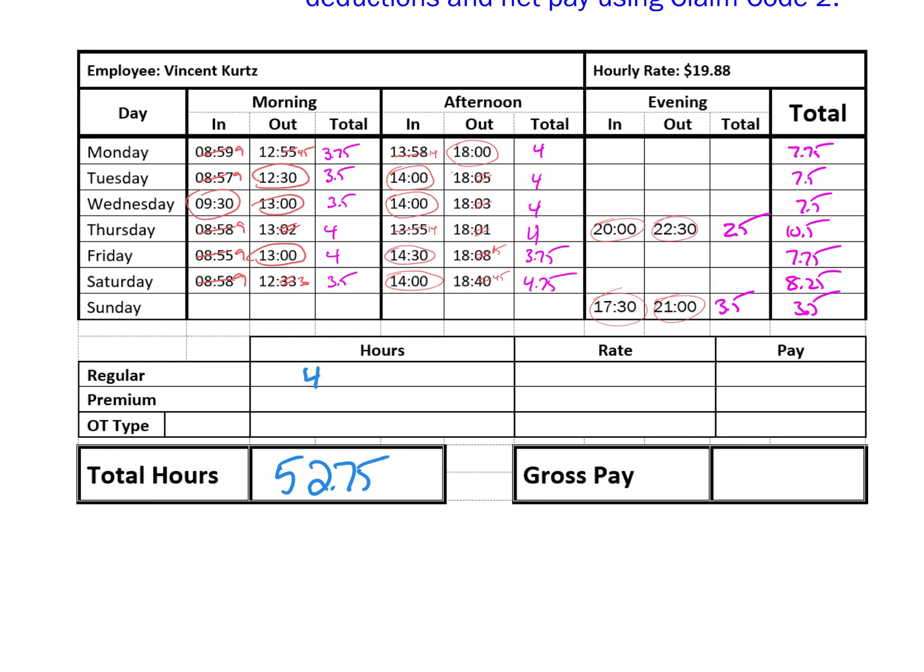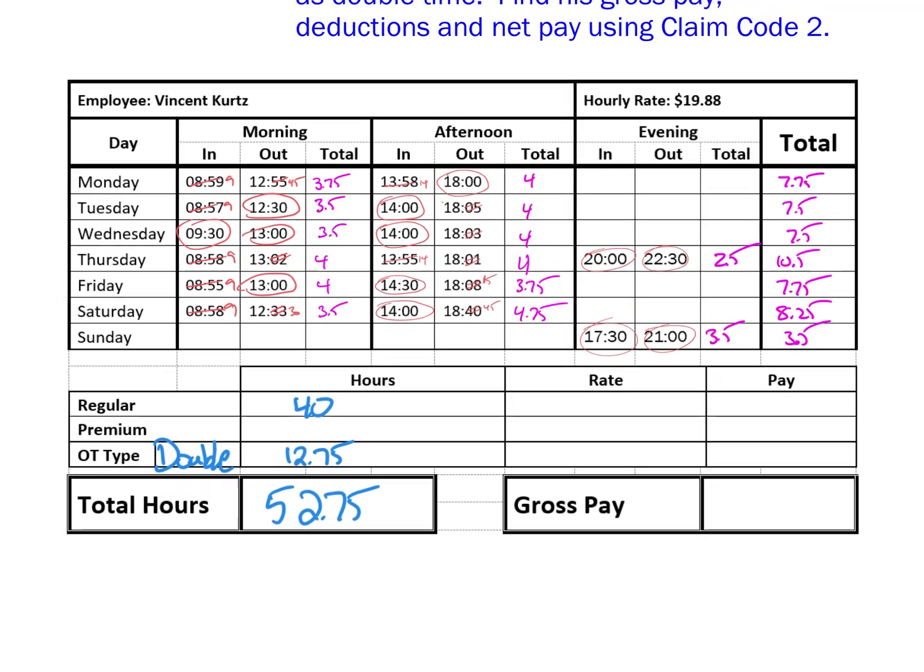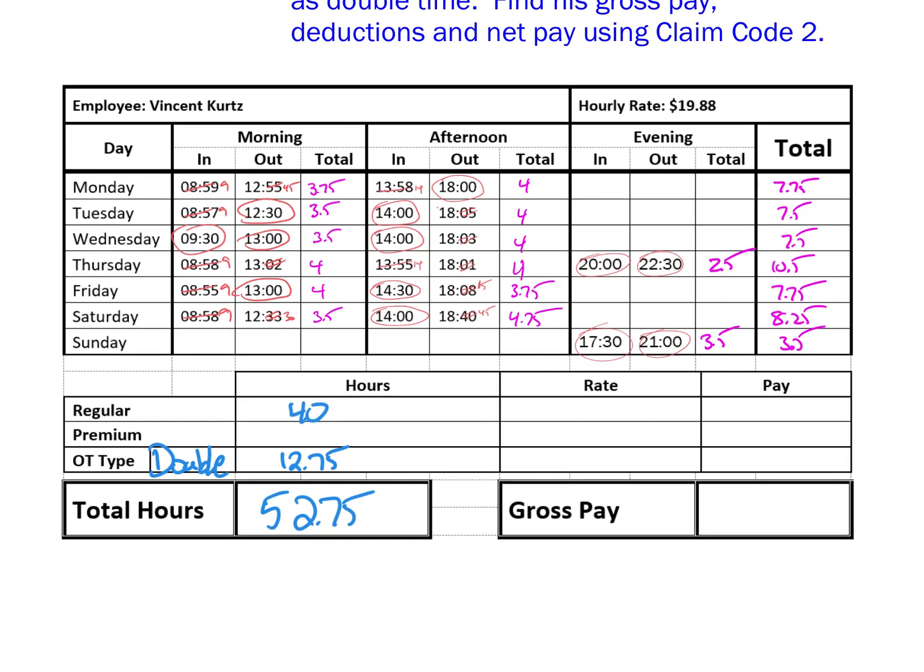First 40 are regular. Last 12.75 are at double time. His regular wage is $19.88. His double time rate would be $39.76.